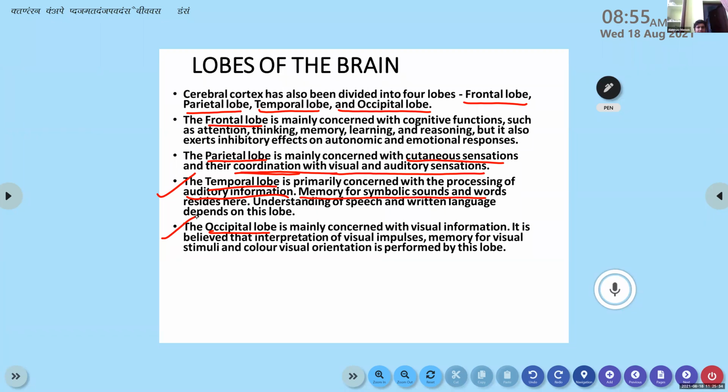Visual is occipital, that we are going to see. Here the main function is visual, here it is auditory, and here it is touch sensation.